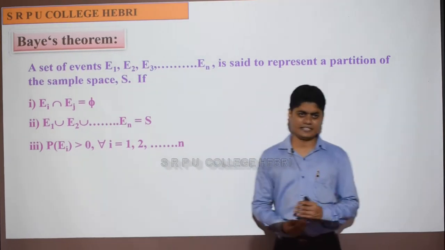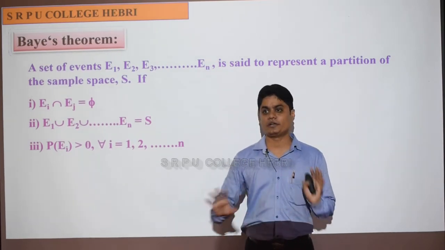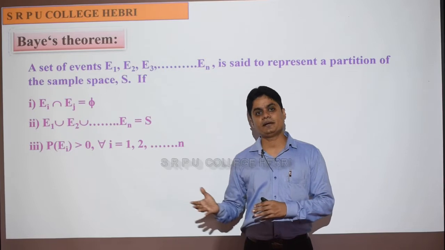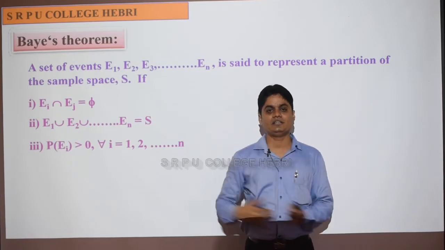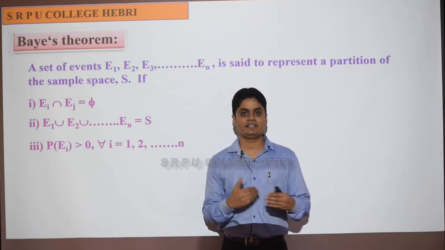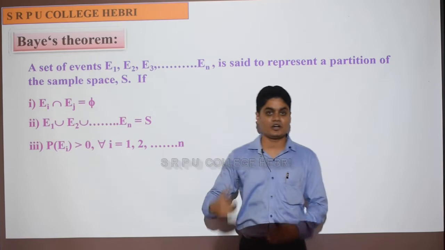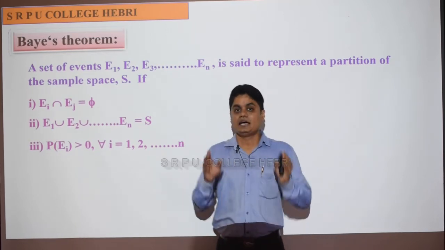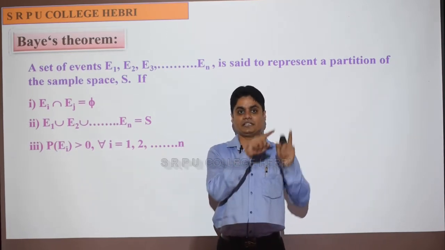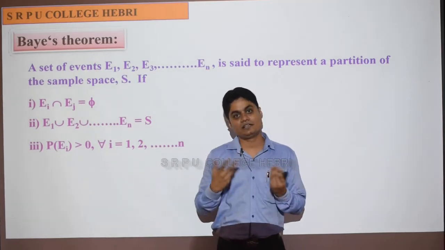See, this is just like if I take the sample space as the set of all integers, and the different partitions are like this: the set of all even integers and the set of all odd integers. You know that these two are always disjoint, because an even number is never odd and an odd number is never even. As well as when you take the union of the set of all even integers and the set of all odd integers, what will you get? The set of all integers.